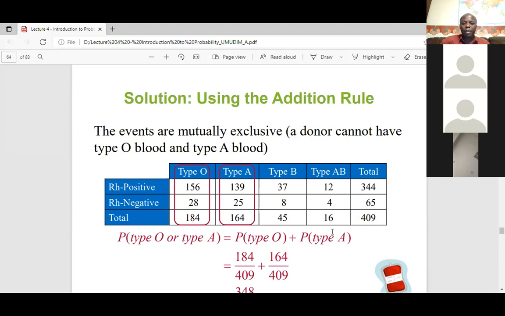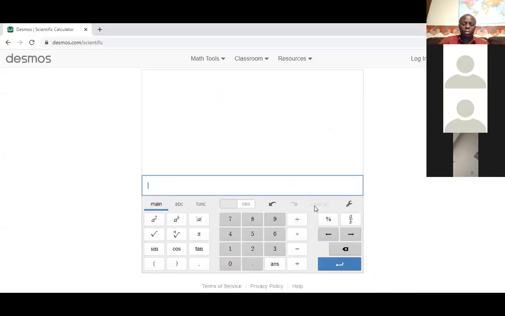Then the probability of type A. Type A is 164 out of 409. And that will give us the answer. You can get it from the Desmos calculator that we have. So this gives us 184 divided by 409.